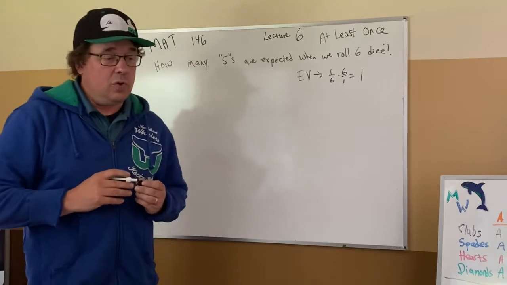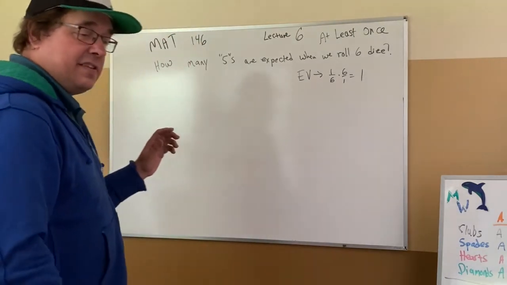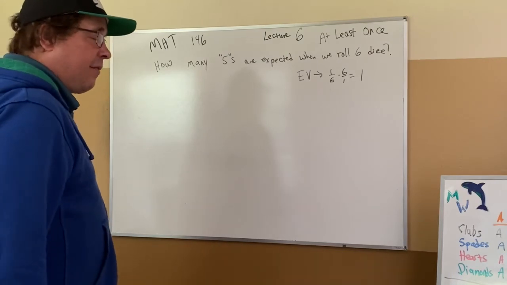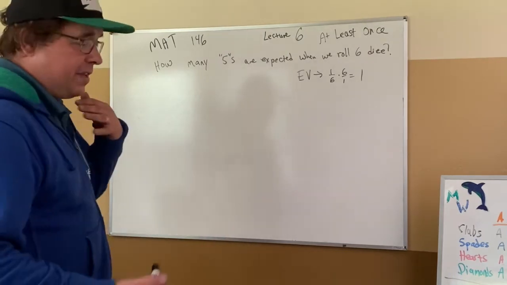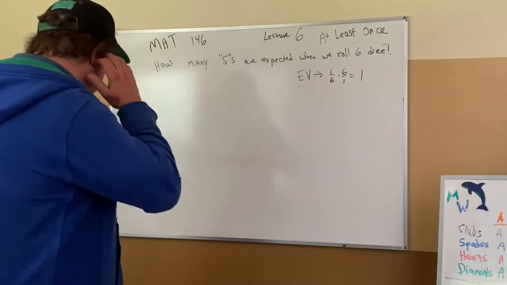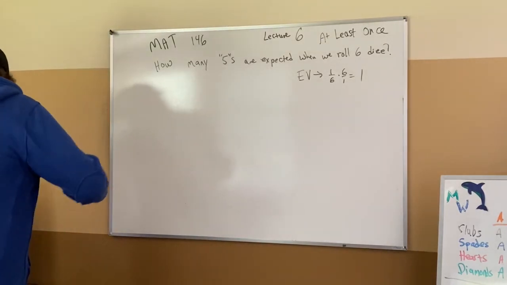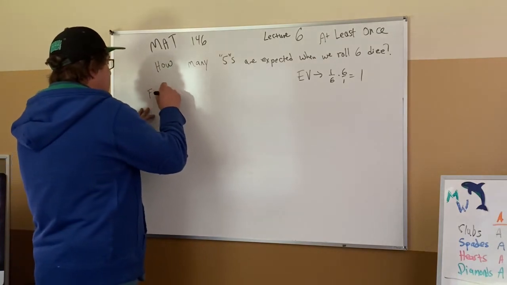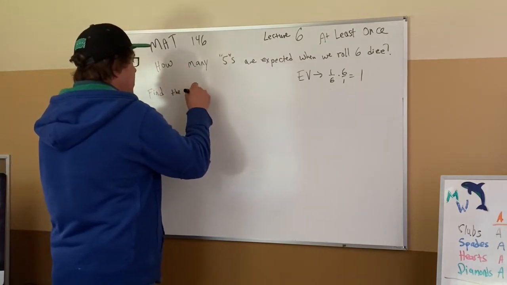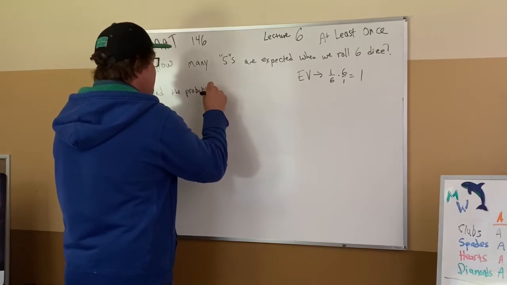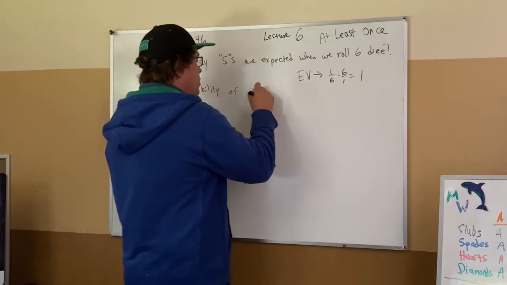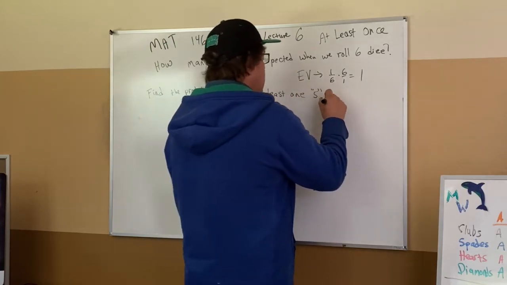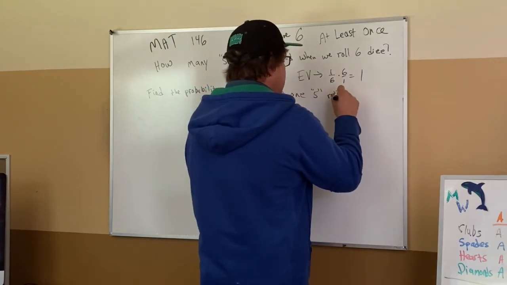And that'll be useful when you're doing the dice quiz lab at home, where you have to roll that and come up with the expectation, and watch it against the law of large numbers and so forth. But the question is, find the probability of at least one 5 rolling 6 dice.